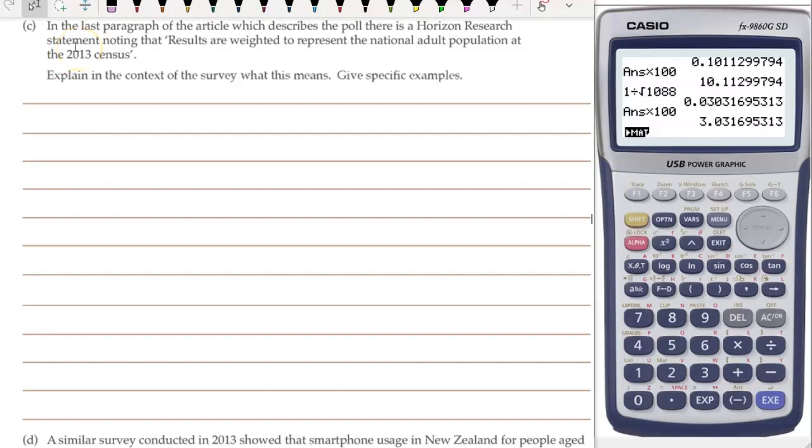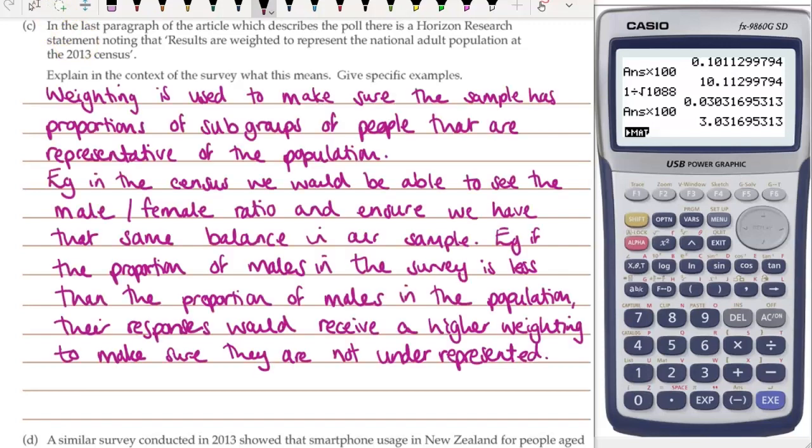So the results that we get for the survey would be weighted to match the proportion of male and female that we have from the census data. And here's where I've had a go at writing that out using an example. So if we don't have as many responses from males in our survey as we would expect for the proportion of the population, we could give them a higher weighting to counteract that.